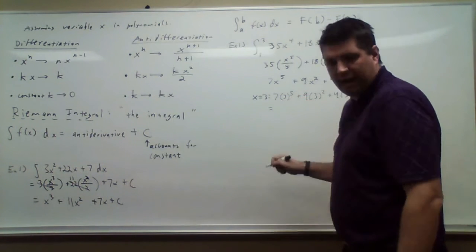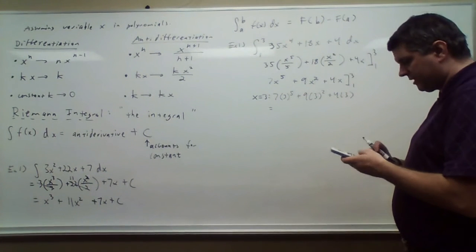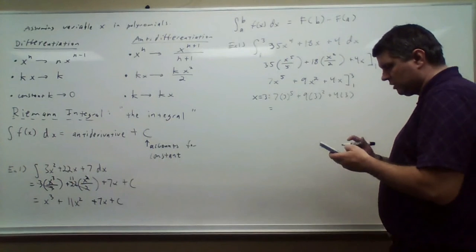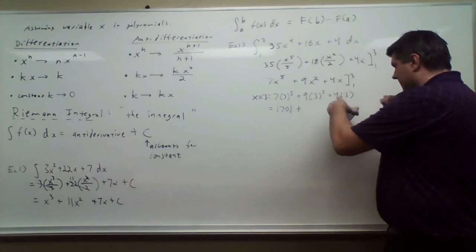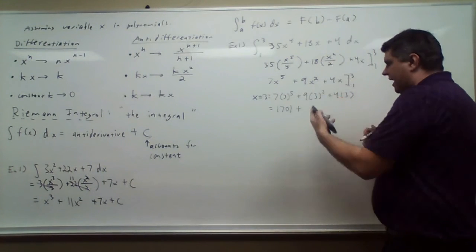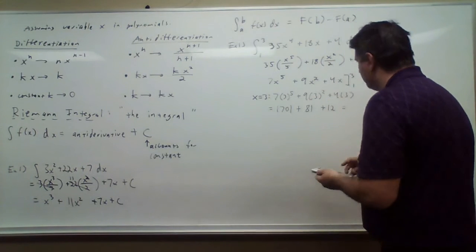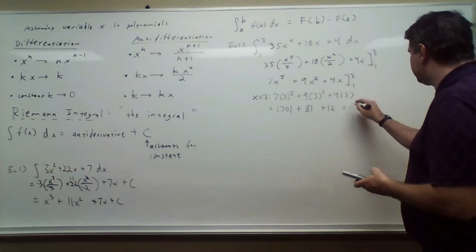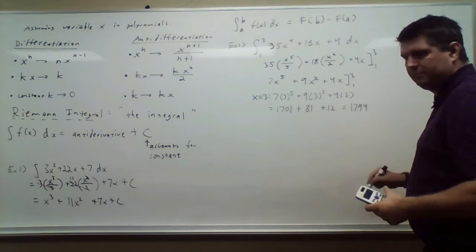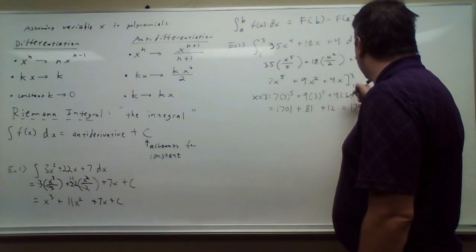That's 1701, I believe. We're going to double check. 7 times 3 to the 5th, 1701. 9 times 9 is 81. Plus 12. So 1701 plus 81 plus 12 is 1794.